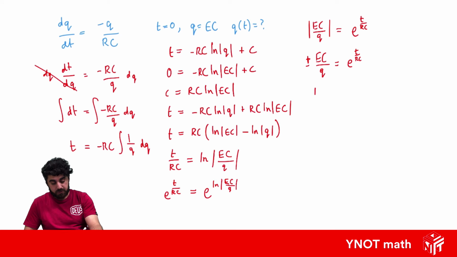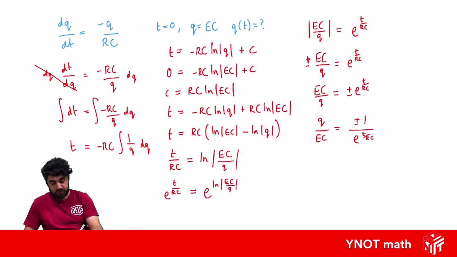Let's take the plus or minus to the other side. So we get EC over q equals plus or minus e to the power of t over RC. Let's take the reciprocal of both sides of the equation. So we get q over EC equals plus or minus 1 over e to the t over RC.